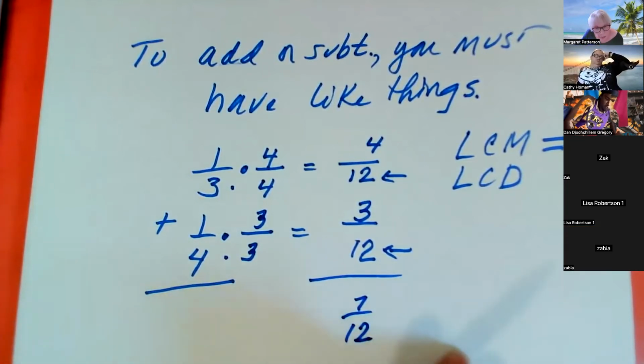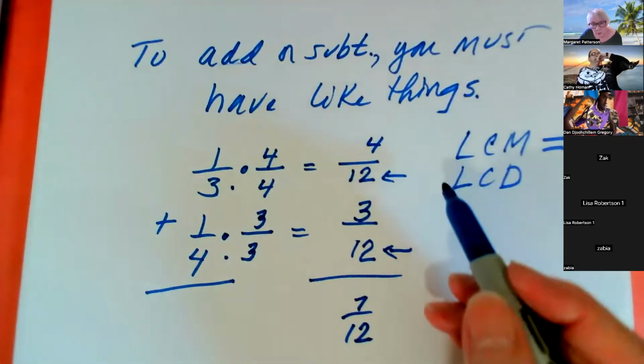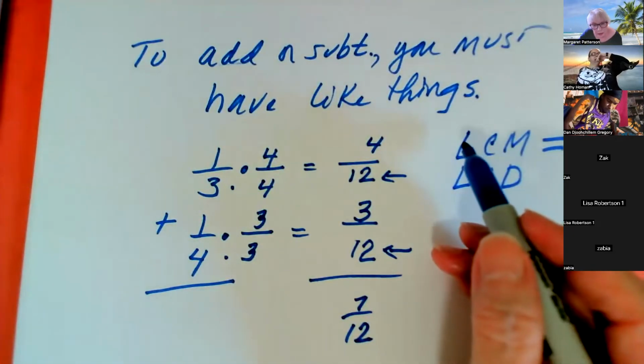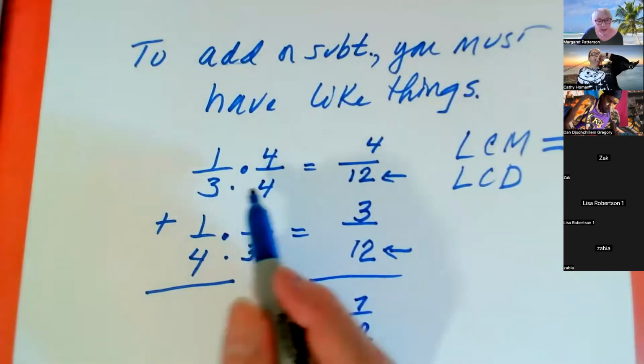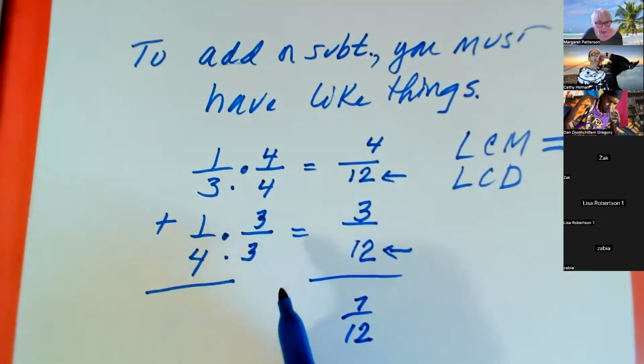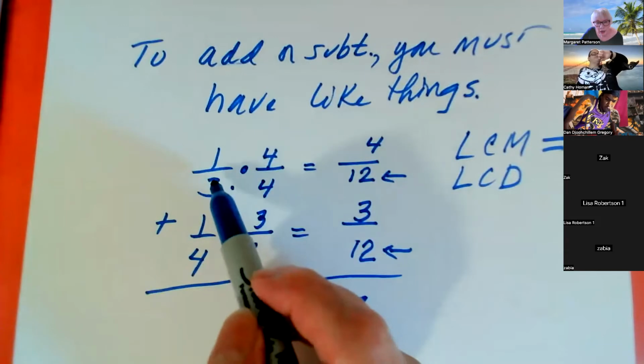Sometimes you have to reduce this. This one doesn't have to. Okay? So the reason that we're asking this question is so that we can actually add or subtract when the denominators don't match.